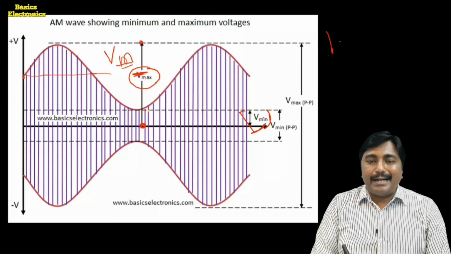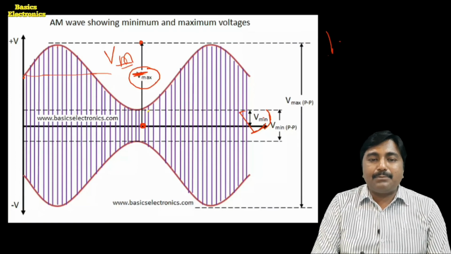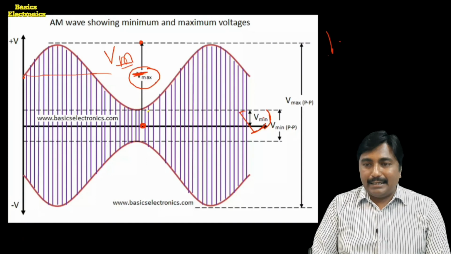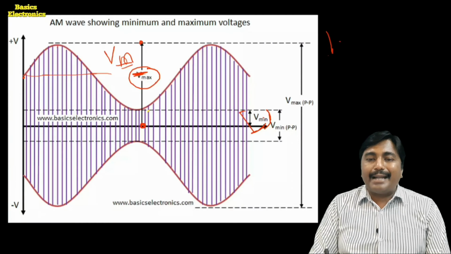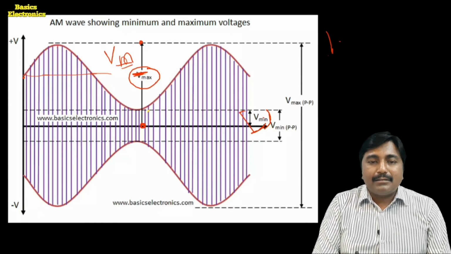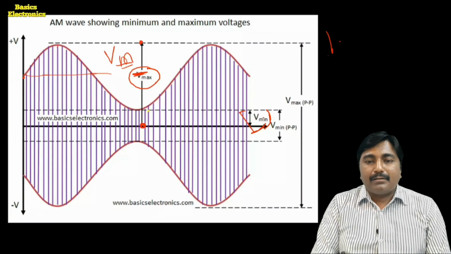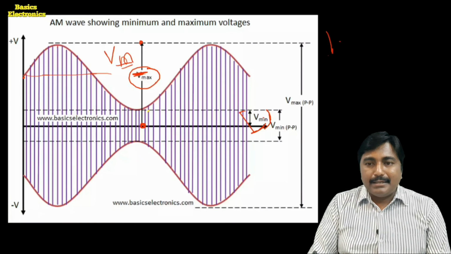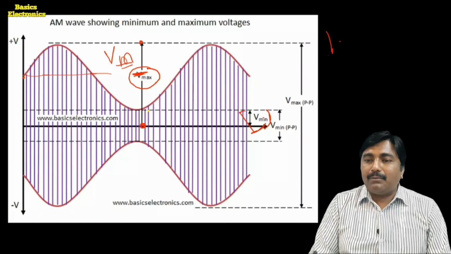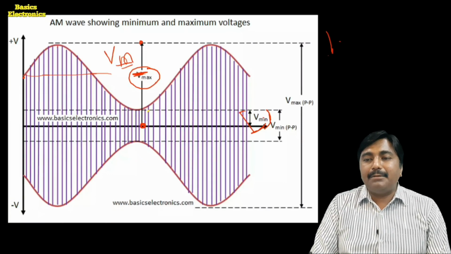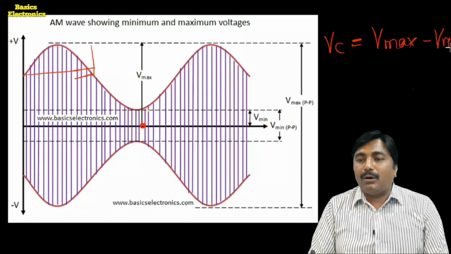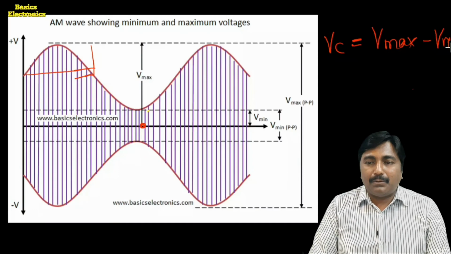Now, if we have to find out Vc, Vc is the peak value of the carrier signal. If we subtract this much value, Vm, from Vmax, then we get the carrier peak voltage. So Vc is equal to Vmax minus Vm, the peak value of the modulating signal voltage.